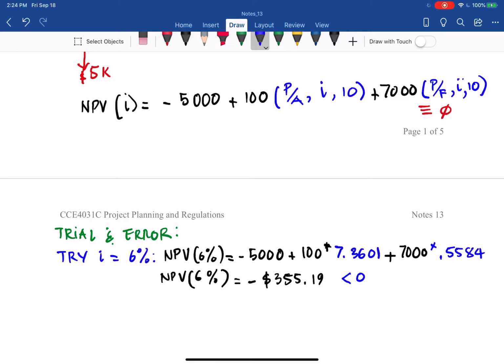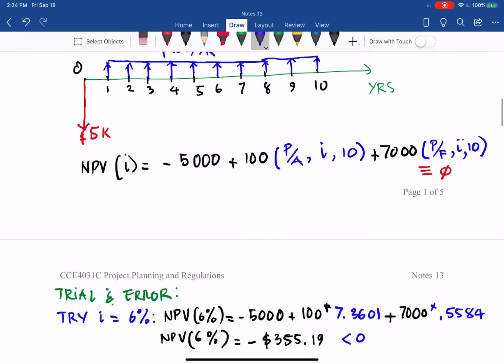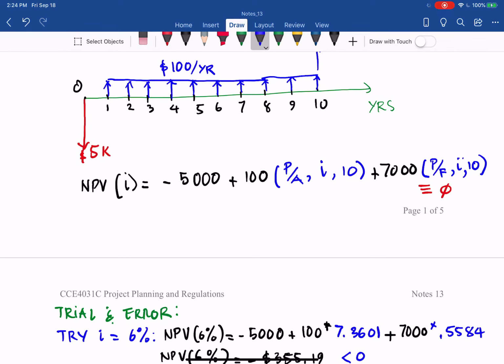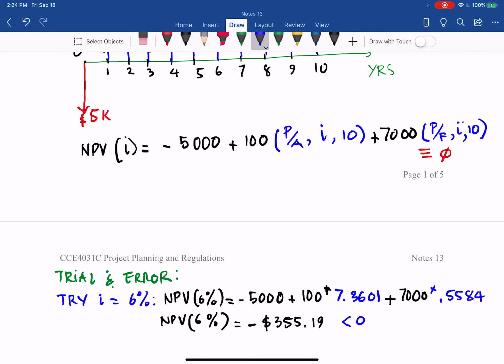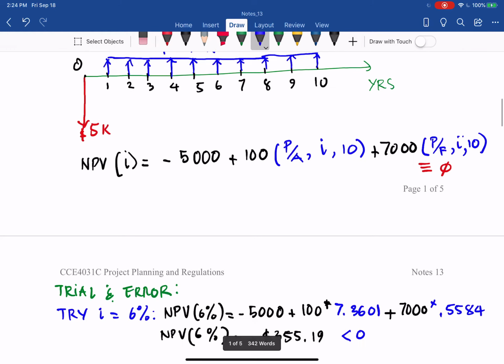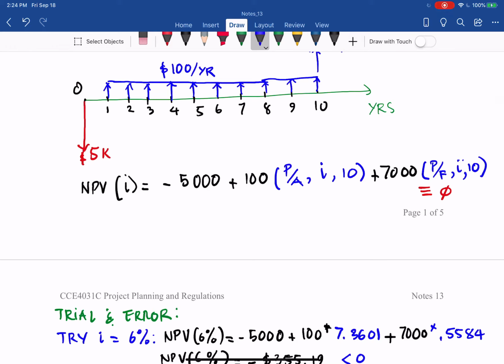As you can see, for this one, the more we go up, it's more negative. Because of the interest increasing, the value amount goes back to time 0, it will be less.